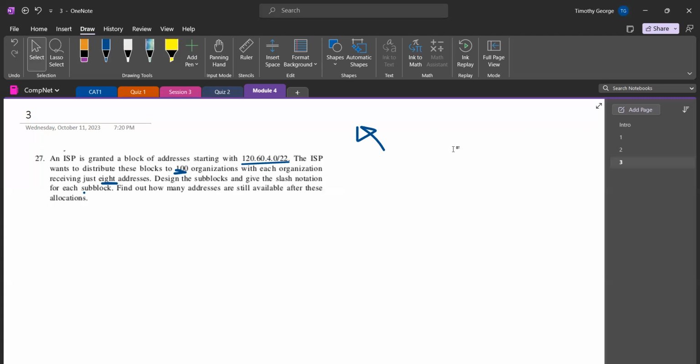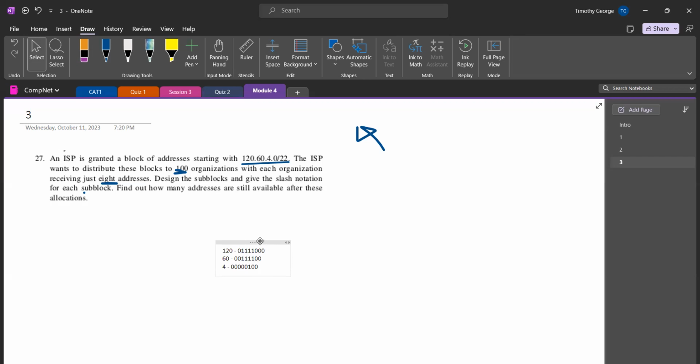For 120, using your calculator, you can find out the binary. 60 in binary is 0, 0, 1, 1, 1, 1, 0, 0. For 4, we know it's going to be 0, 0, 0, 0, 0, 1, 0, 0. Okay, 22 is the prefix.